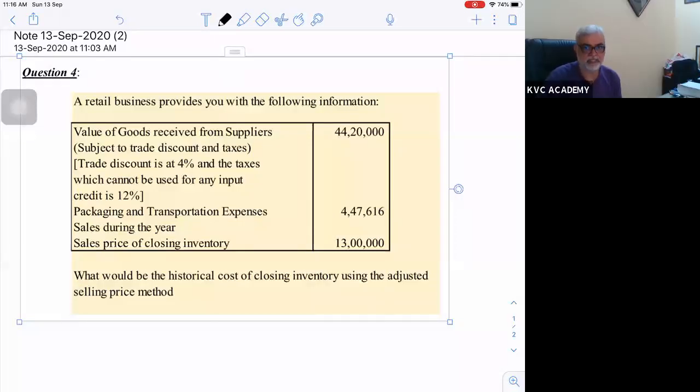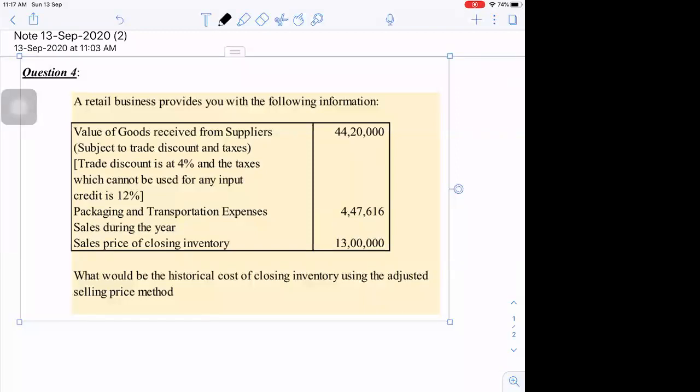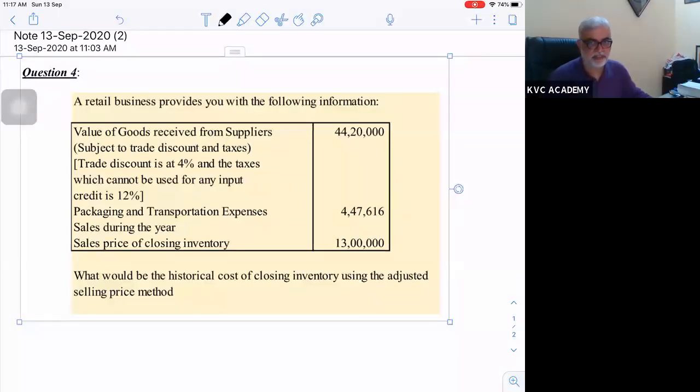So I don't know what is missing there. Okay, let's take the sales to be 52 lakhs, okay?